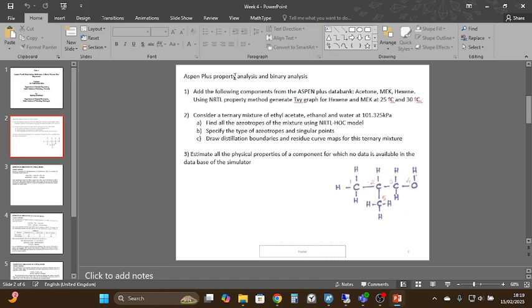For example, we have ethanol and water. We know that an ethanol water mixture forms an azeotrope. To an extent, we can separate it. So what is that extent to which we can separate, and the maximum concentration we can obtain through the separation, we can get to know from the binary analysis.